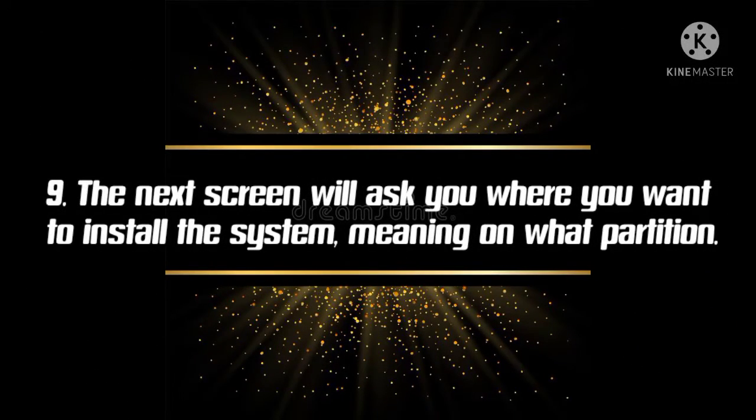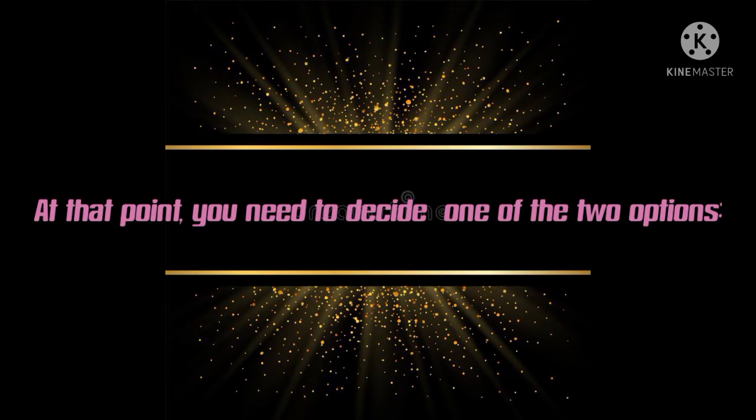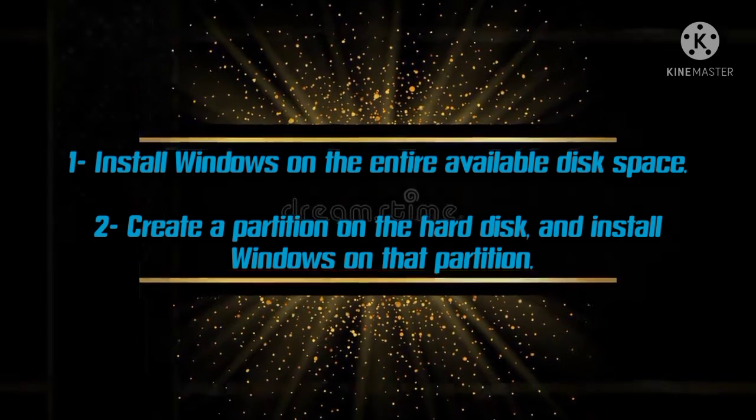Another step, the next screen will ask you where you want to install the system, meaning on what partition. So at that point, you need to decide one of the two options. First, install Windows on the entire available disk space. Second, create a partition on the hard disk and install Windows on that partition.